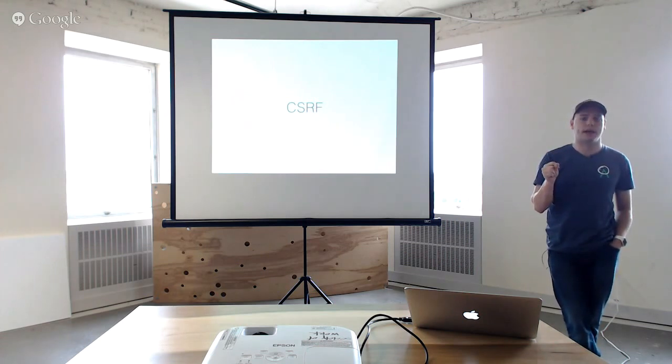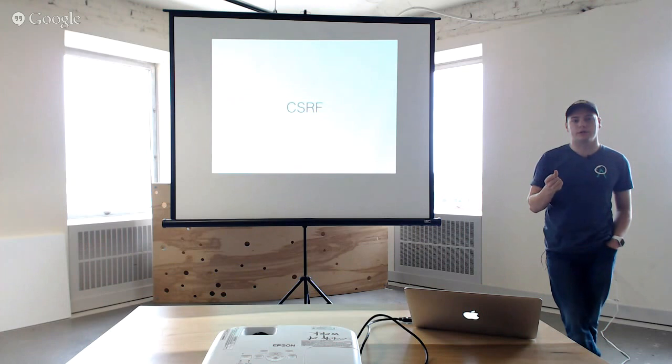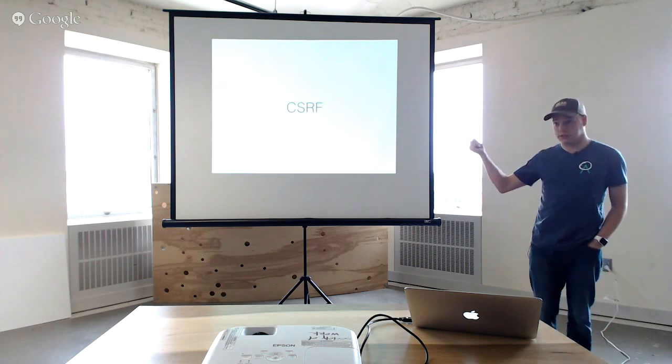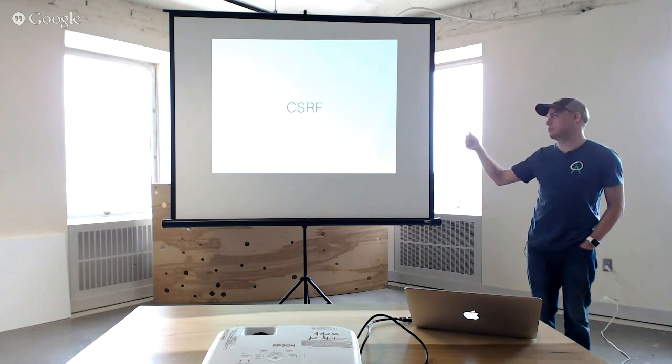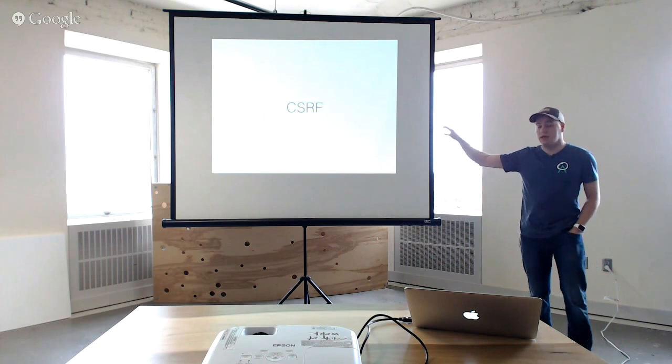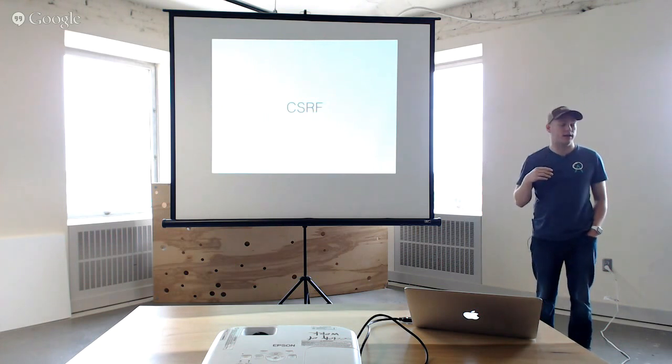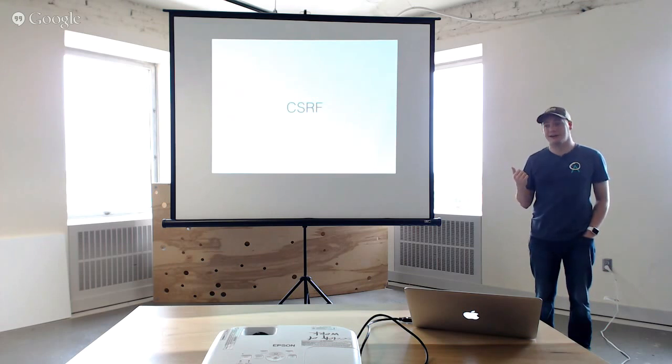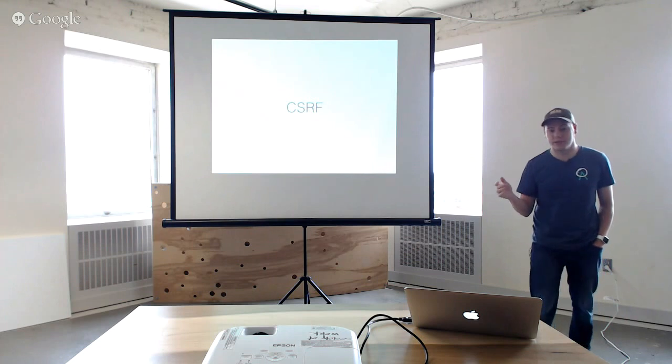So with a cross-site request forgery or an XSS vulnerability combined with this, you could have a user end up performing all kinds of actions because this is not enabled.